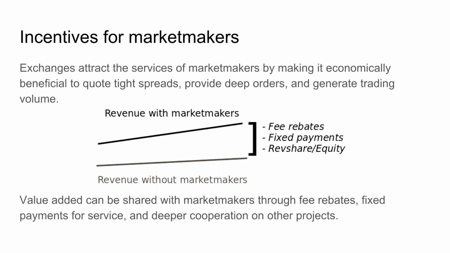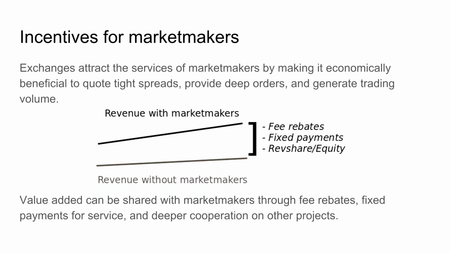Basically, when you have proper liquidity, as an exchange, you're able to generate more volume, which means more fees, which means more revenue. Without market makers, you're going to earn less. So if the market maker is able to add more value, then the exchange is willing to share a portion of that with them.